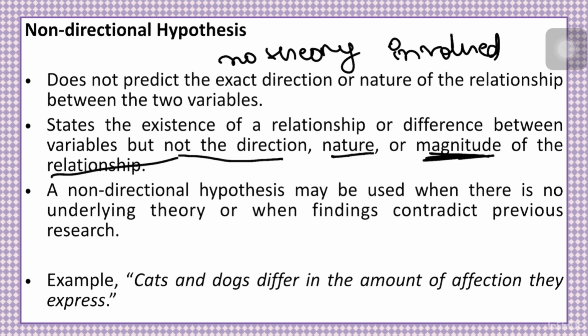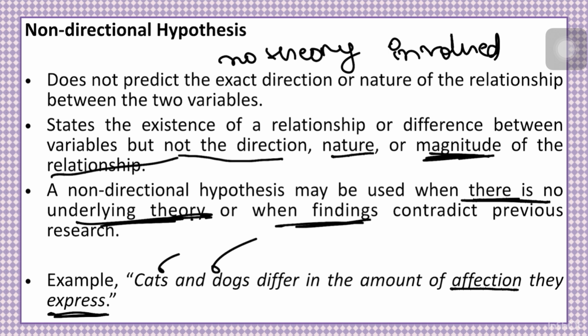So we can say that cats and dogs differ in the amount of affection they express. Over here, we do not have any direction. We cannot say which one is more and which one is less. So these types of hypotheses are made when there is no underlying theory or when the findings contradict previous research.